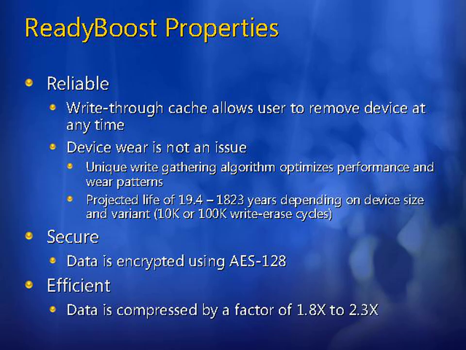In the resources slide is a link to a registry key that you can set to make it work on beta 2. For RC1, any flash device that is fast enough and on a fast enough bus, which is everything faster than USB 1.1, will be recognized. USB 1.1 is not supported, unfortunately. It didn't make the cut. So memory sticks, SD, compact flash, whatever you would like.